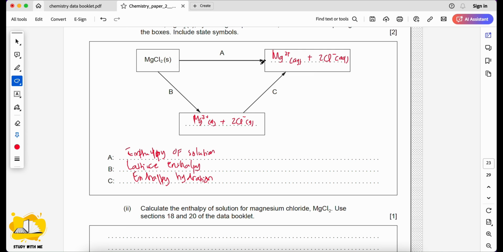And for lattice enthalpy, breaking apart the solid compound into gaseous ions, so that's why process B is lattice enthalpy. The second stage after lattice enthalpy is enthalpy of hydration. So the gaseous ions will be surrounded by water molecules, so they will be aqueous again. So this is the direct and this is the indirect process. Okay.